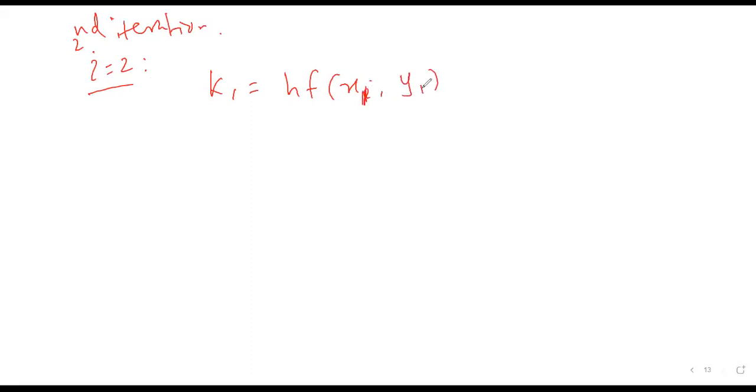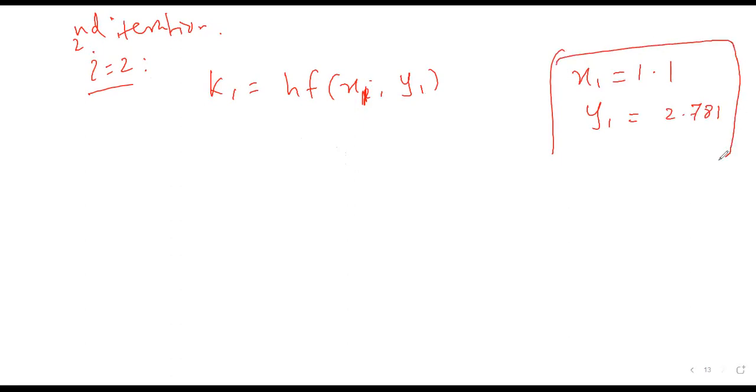Now I know my x1 will be 1.1, and y1 I have already found as 2.781. h is also 0.1. Very simple. Whatever the functional value, you just substitute f of 1.1 comma 2.781.